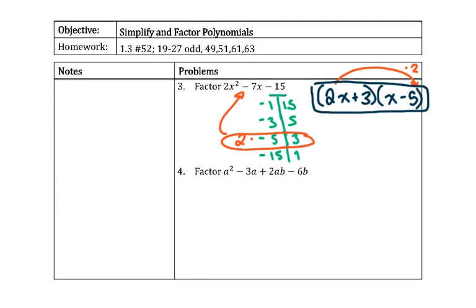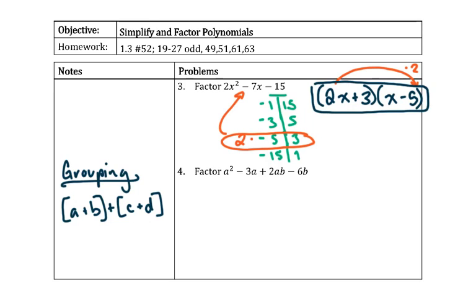Again, hopefully it feels like review for most of you. When we have a quadratic with 4 terms, then we want to maybe use grouping, which means we think of the 4 terms as 2 small separate groups and factor them individually first. So here we've got a squared minus 3a and 2ab minus 6b.